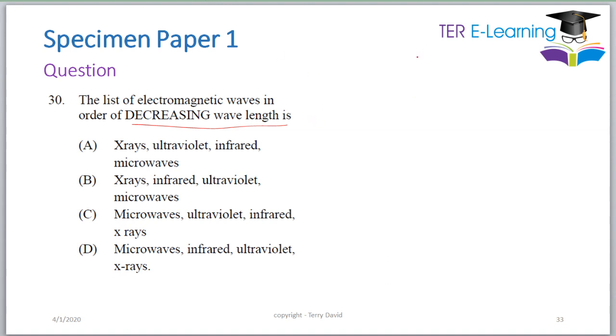Usually if I have to do the spectrum, I'll start off with the visible in the middle.